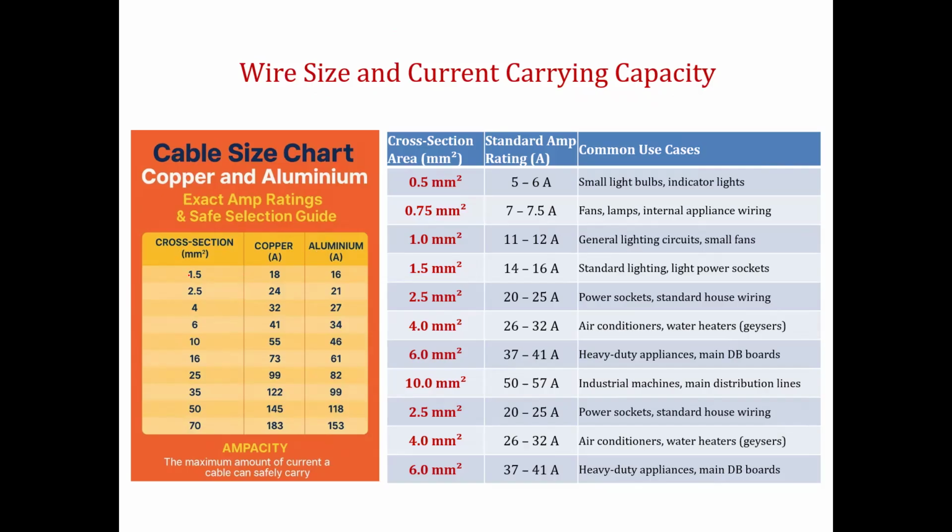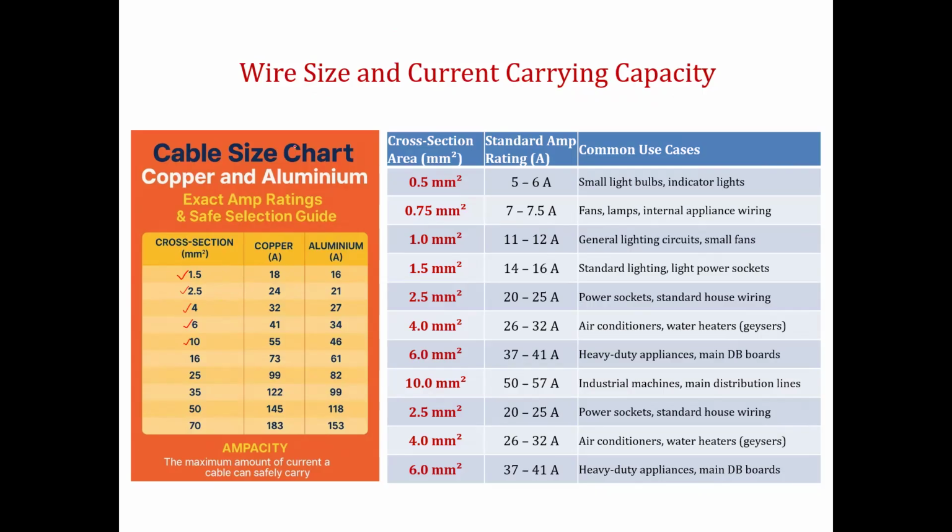The standard sizes of wires are similar to cable, but cable is more than 70 square mm, say 80, 90, 120, or 150 square mm. But in house wiring or in office commercial wiring, we are using 1.5, 2.5, 4, 6, and 10. Generally, we are using such types of wires.